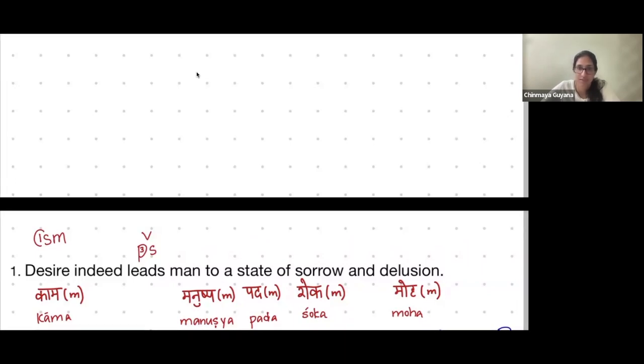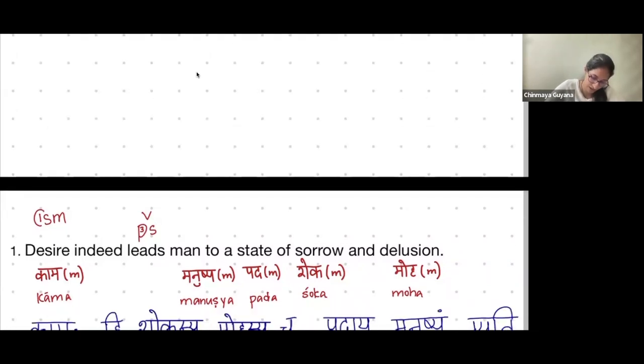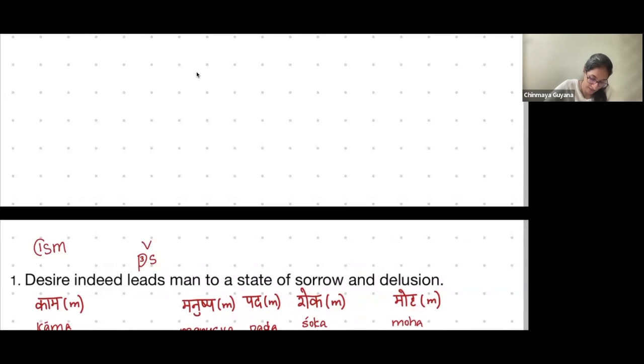Verb matches subject in person and number. Okay. Now, let us see the rest of the words. Can you find an object? Desire leads someone or something. Leads man. So man here will be second case object, singular, masculine. Not men, man. So it appears to be singular.